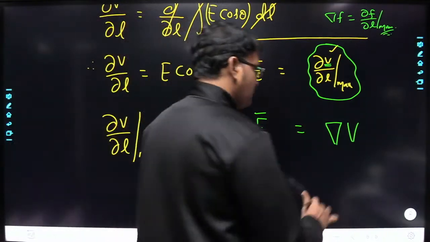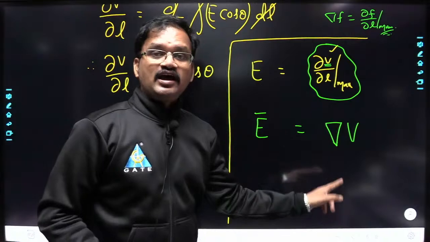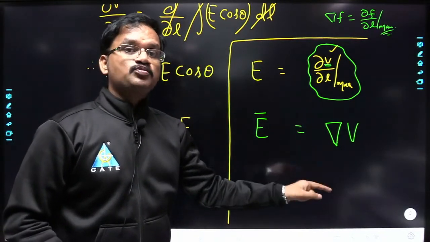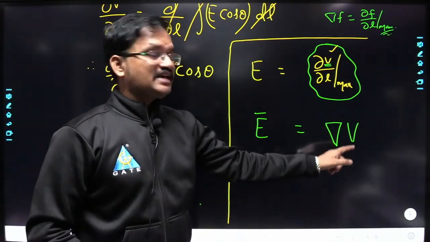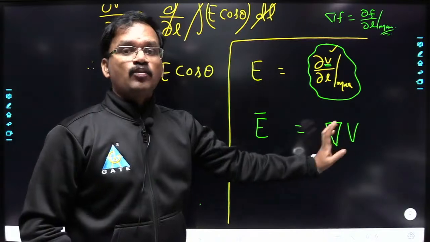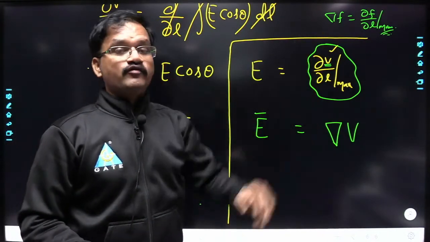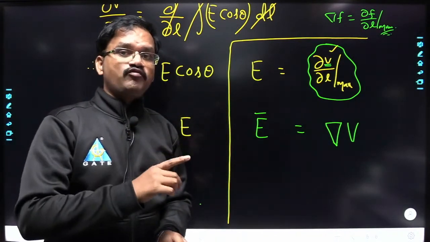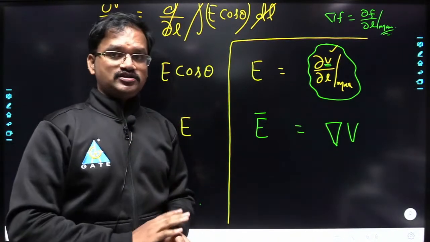The gradient of V results in a vector quantity which points in the direction of maximum increase in the scalar potential. So the gradient of f will always give a vector quantity which points in the direction of maximum increase in the scalar function. Understood?